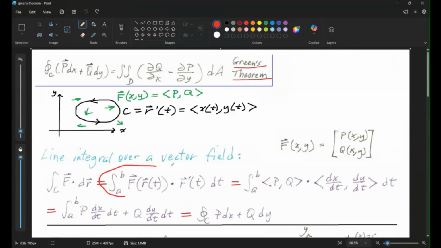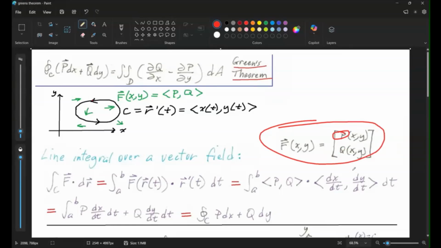This is the calculation formula. This is typically what we use to take the line integral over a vector field, unless, of course, we're going to convert to this. And so here's our vector field. X and Y are typically called P and Q. And so we're dotting the vector field and the curve vectors.